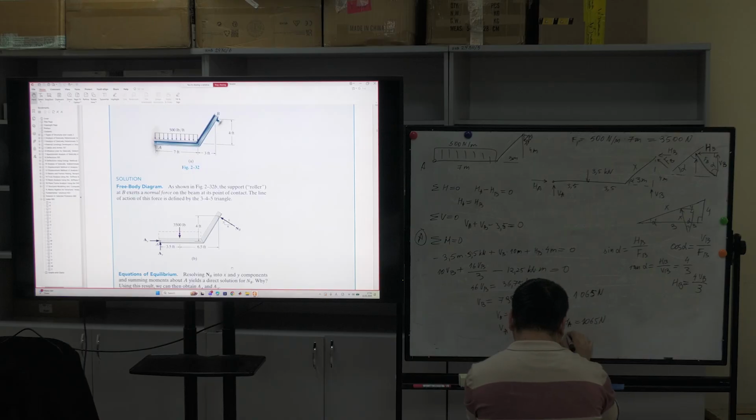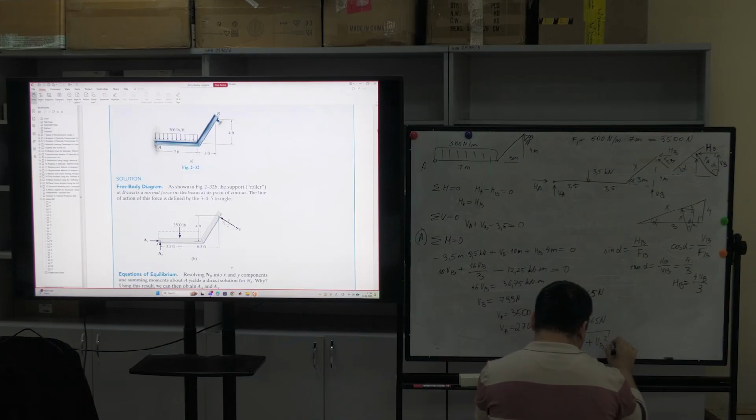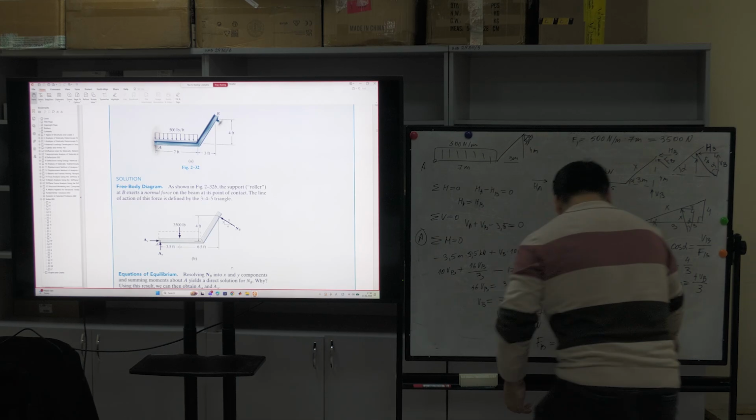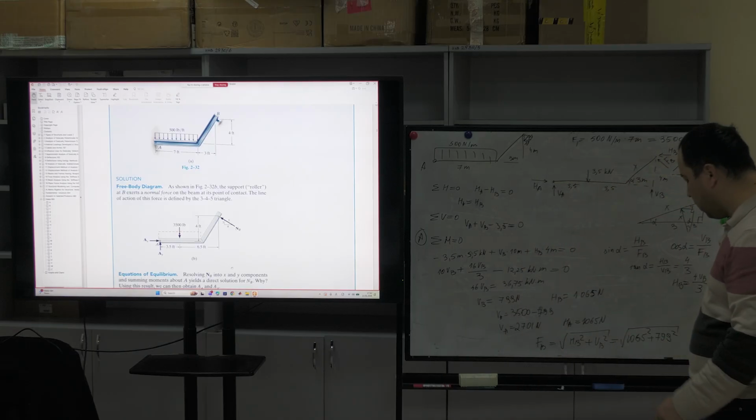FB is equal to the square root of HB squared plus VB squared. Is equal to what? Please, 1065 squared plus 799 squared. Okay, please calculate this value and we can find FB.